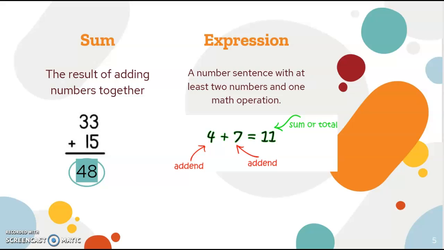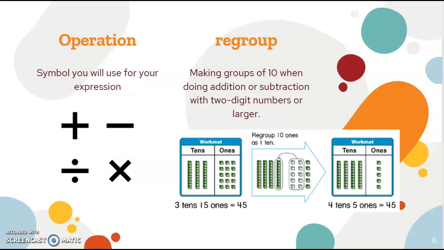And in the upcoming weeks, we are going to add two more operations to our toolbox, which are multiplication and division. Okay, so just to review, our operations are multiplication, division, addition, and subtraction.